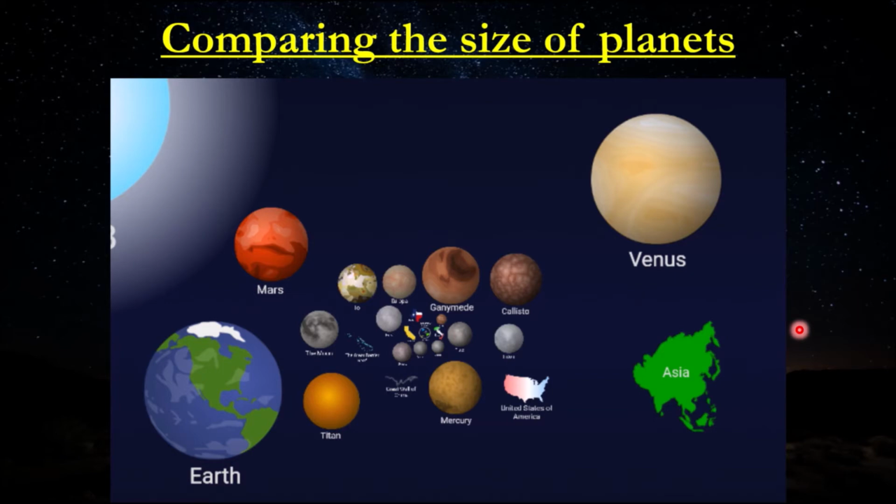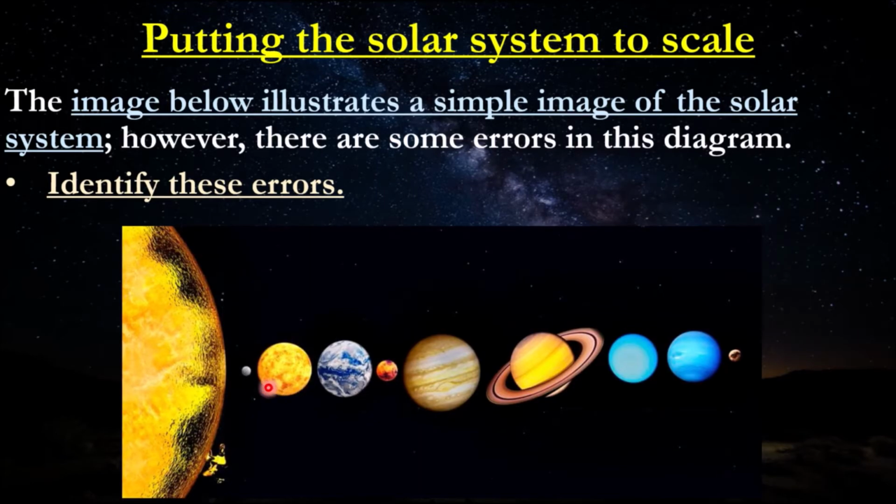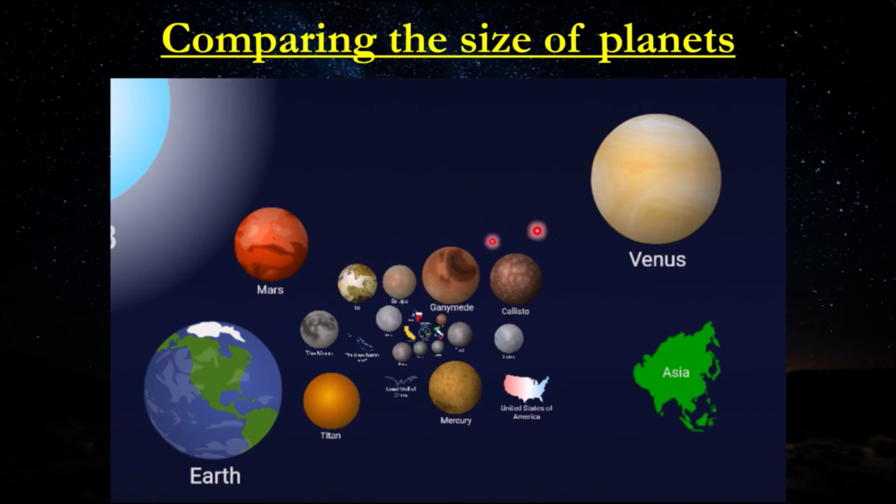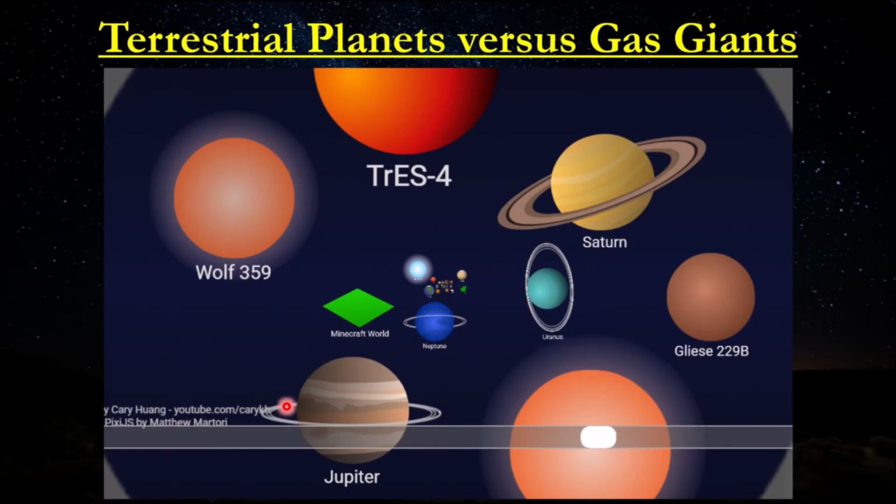If we look at the first image that we saw, this image here, it's relatively similar in terms of sizing for the terrestrial planets, but not so much when we compare it to the gas giants.